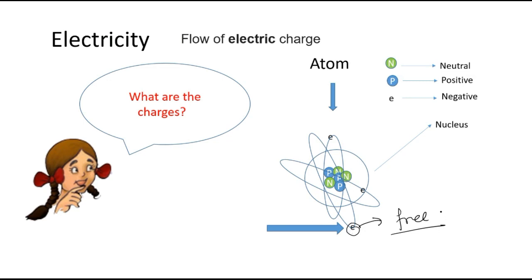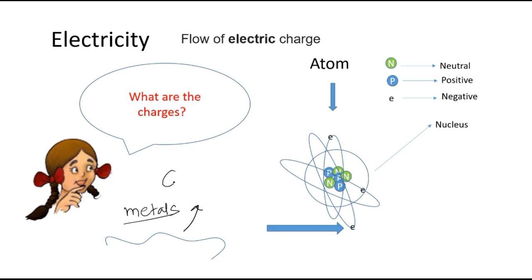And therefore these electrons are called free electrons. And these free electrons are in metals, or more specifically metal wires. And that is why metal wires are good conductors of electricity.